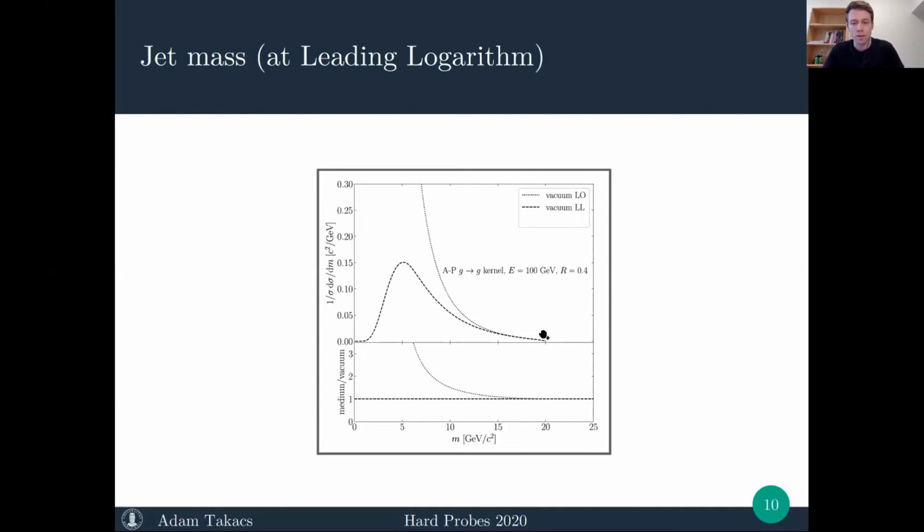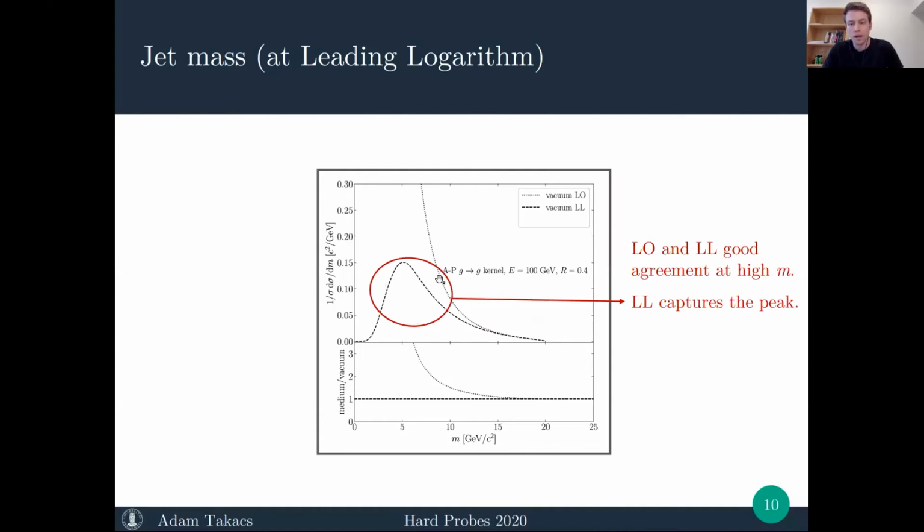And of course you will have some massive divergences in your calculation, but at high masses it does a reasonable job because that's dominated by those single splittings. But of course, it will completely fail for the small mass properties like the peak.